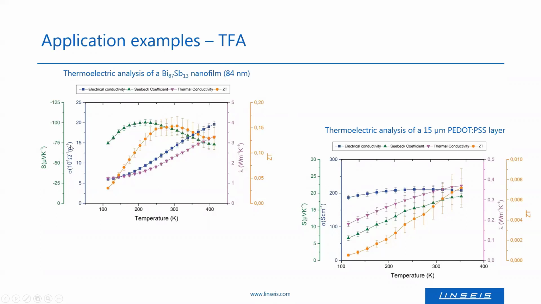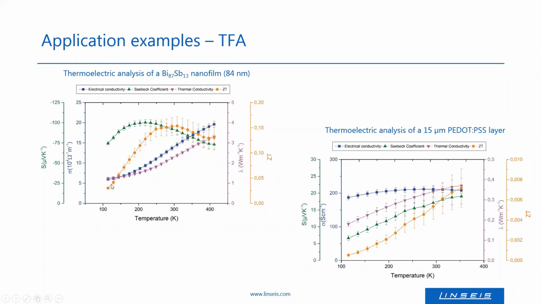The electrical conductivity was determined, which is increasing with temperature, and the thermal conductivity was measured as well. Here also the values increase with temperature, and from these properties the figure of merit could be determined, which you can see here with the orange line.